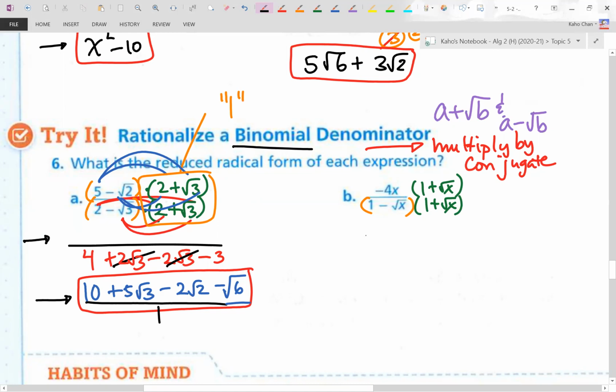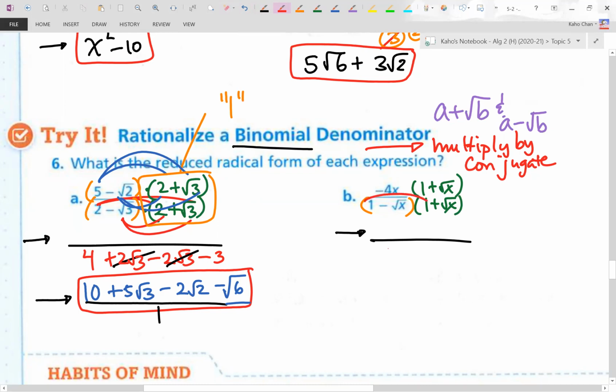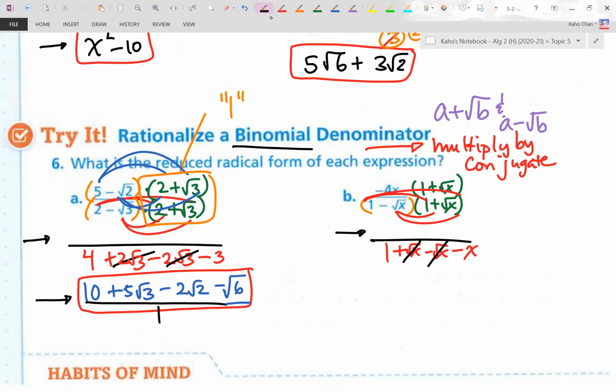Let's FOIL the denominator. We have 1 times 1 is 1. Outer and inner terms do cancel. And last terms, be careful here. Negative times the positive is a negative. Root x times root x is regular x. Those go away.